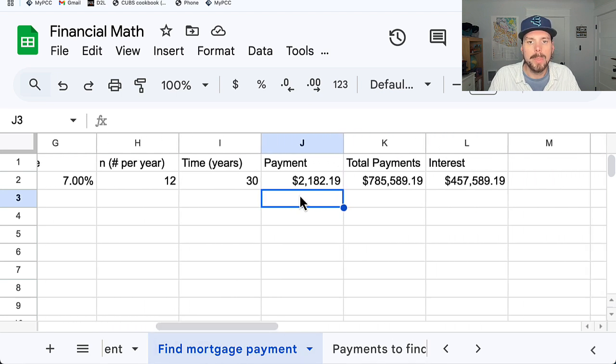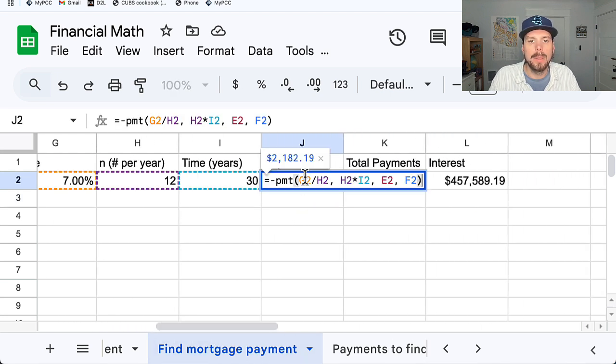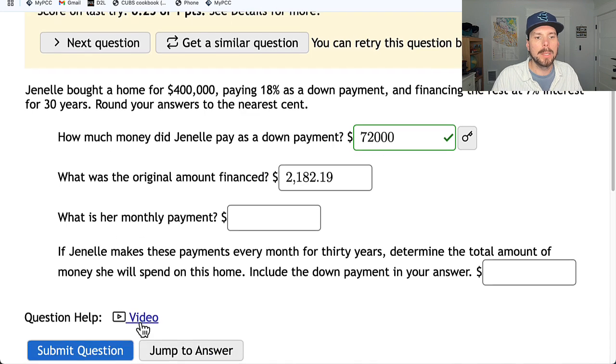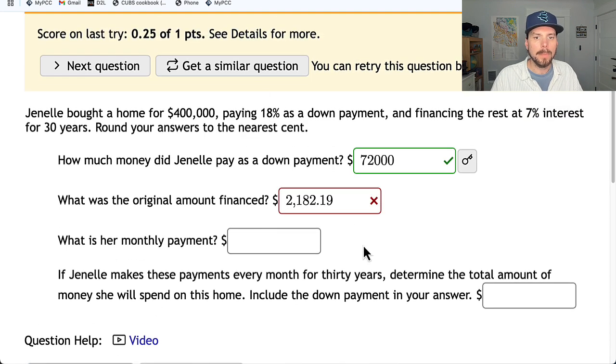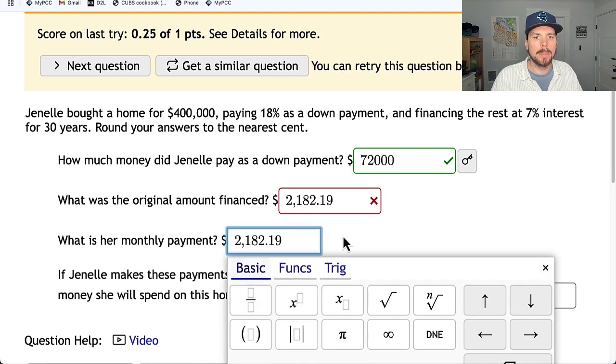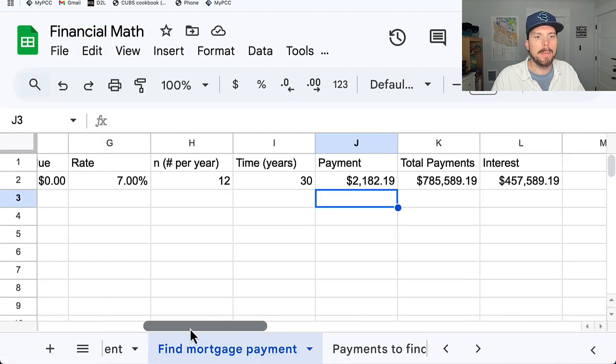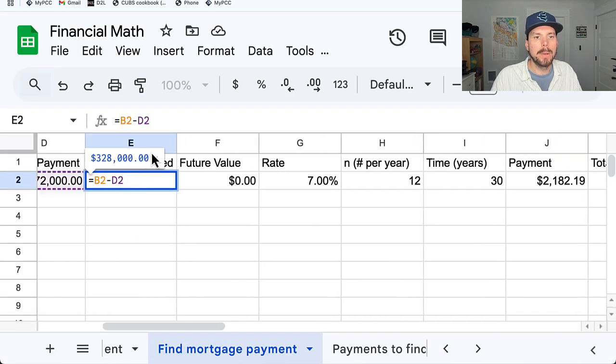So those payments would be correct. That's the monthly mortgage payment. It is a negative. I flipped the sign just so I can copy and paste it into the homework like so. Oops, I actually put that in the wrong spot. The original amount financed, I did have that here.